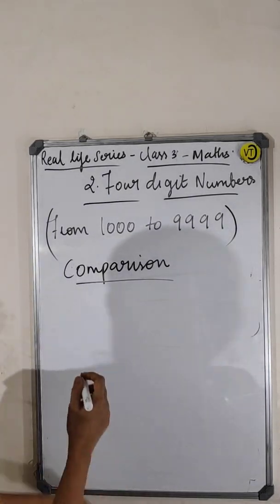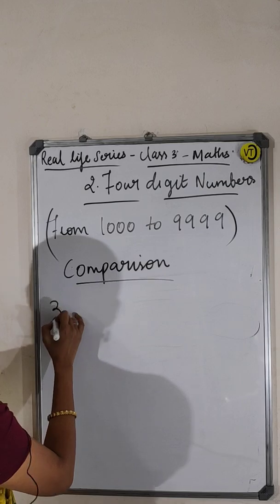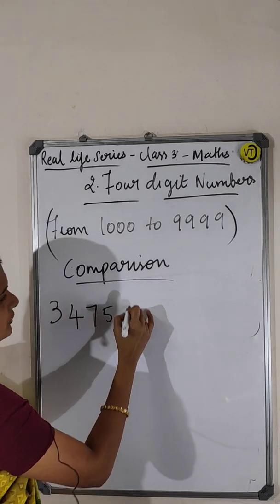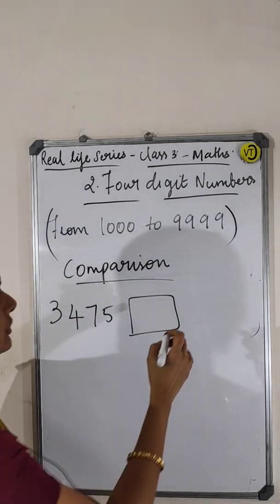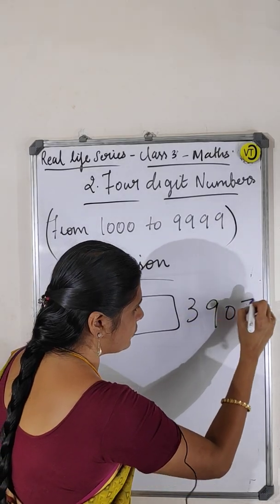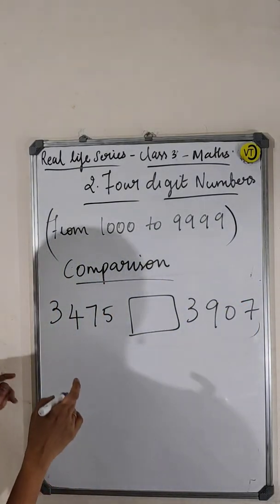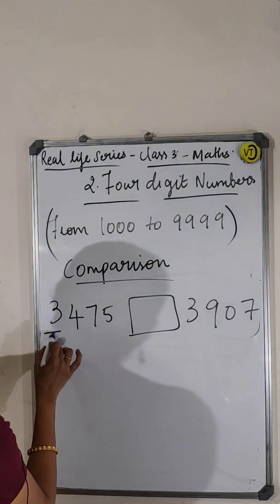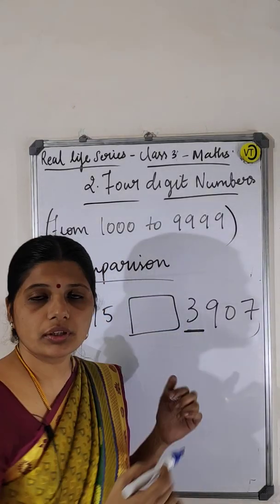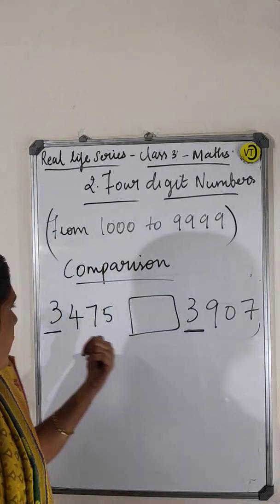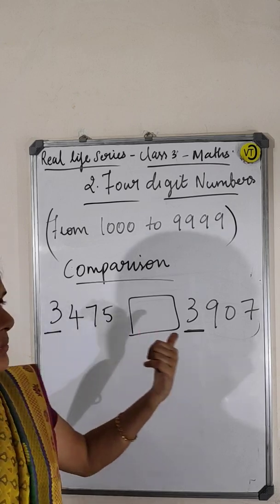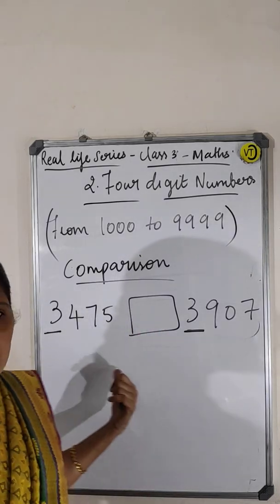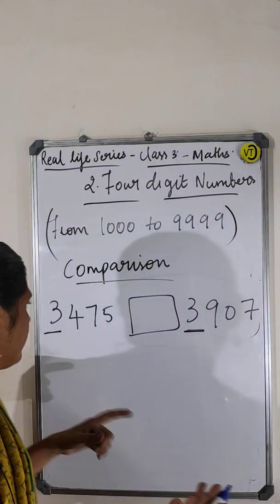Okay, next thing I am going to tell you. Next numbers are 3475, 3907. Okay, here you check. This first number is what? 3 and 3. These both are the very same number. Leftmost digit, thousands place I am checking here. This is also 3, this is also 3. Okay, next number I will move.